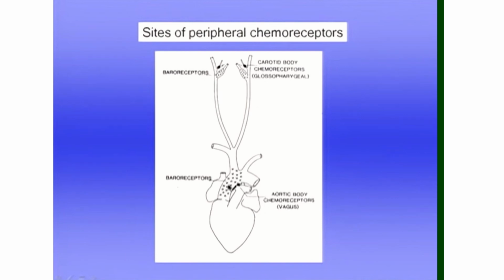You'll also see that close to the chemoreceptors are baroreceptors. We're not going to say much about those. They're much more important in cardiovascular physiology. But it is true that baroreception does affect the chemoreceptors as well. The outputs meet in the brain, and we'll say a little bit more about that in a moment.